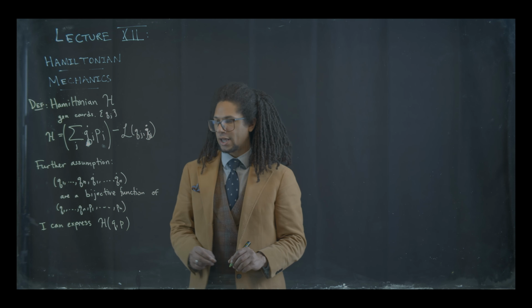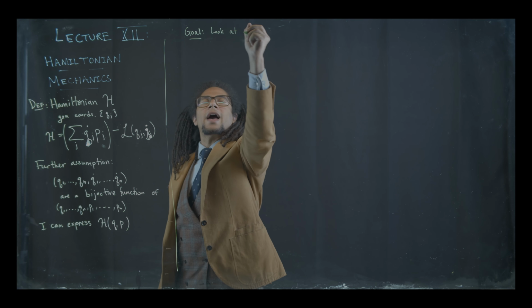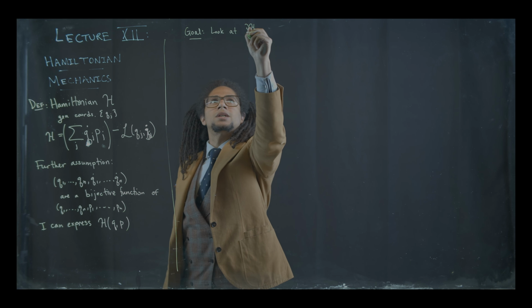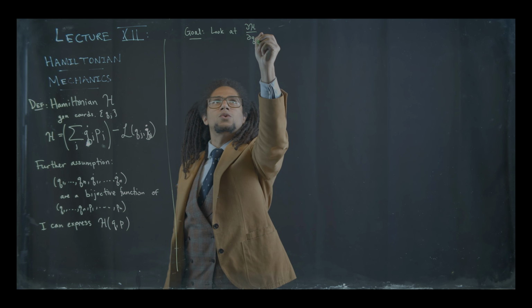All right. Now, our goal is to think of this function in its natural coordinates and start taking derivatives. Okay, so goal. Look at dH/dqj and dH/dpj. Remember that these are the natural coordinates for H. Now, I'm going to borrow a bit of notation from other areas of physics.